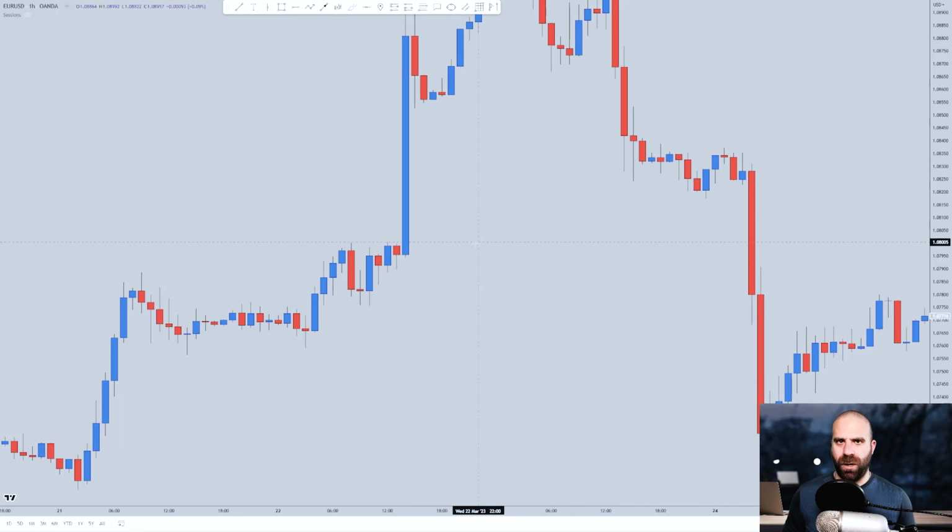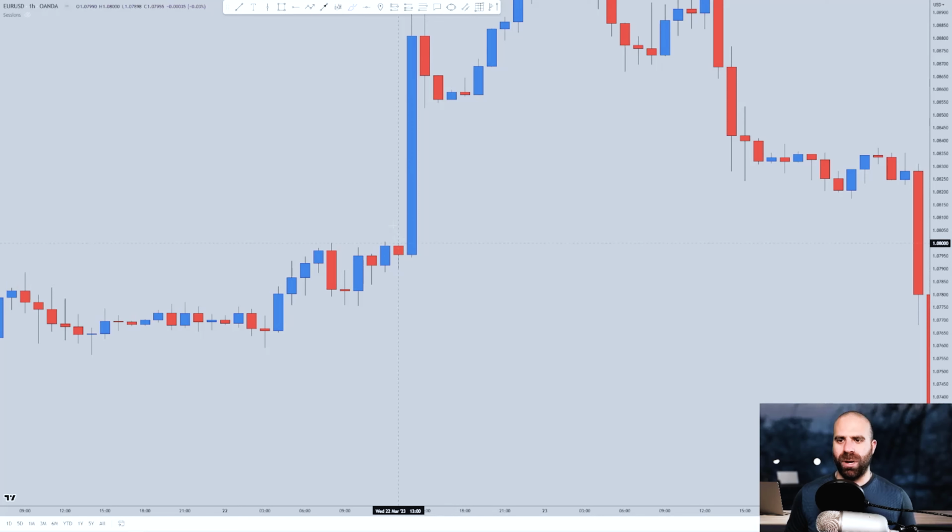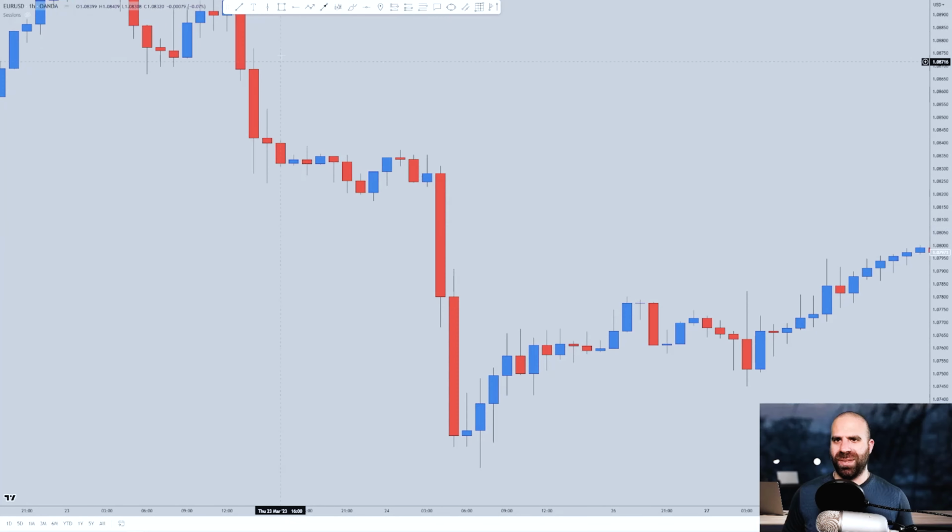So most people would be referring to an order block as the last down candlestick in this occasion before the up move. This would be the bullish order block for them, and they would be doing the same thing in this occasion. This would be the last up candlestick, this bullish candlestick. It would be the last up candlestick before the down move took place, and this would be their bearish order block.